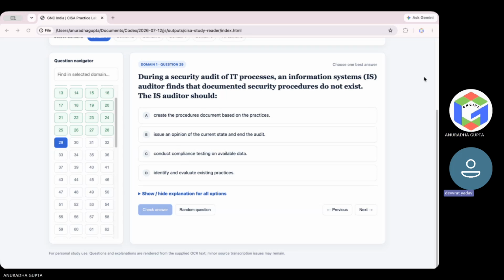Then we can recommend something, then prepare the document. I think conduct compliance testing on available data. Compliance testing on available data is also kind of correct.